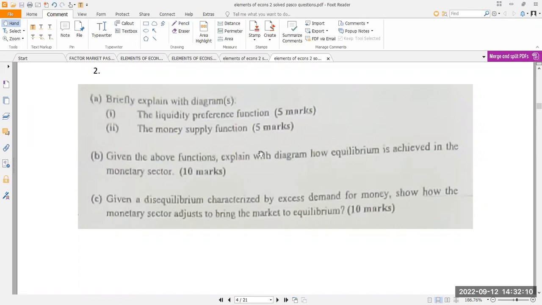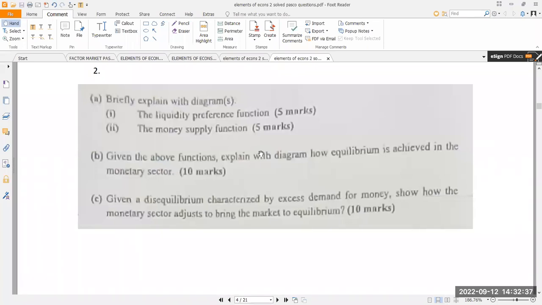But when we are drawing the function or the curve, we hold income constant. Then we look at the amount of money holdings that the individuals would like to hold at a particular point in time at the prevailing or the current interest rate. So when the level of interest rate is given, what is the amount of money that individuals will be willing to hold?